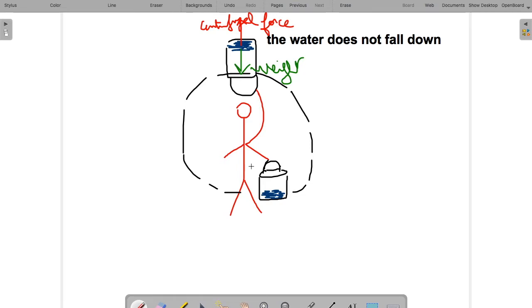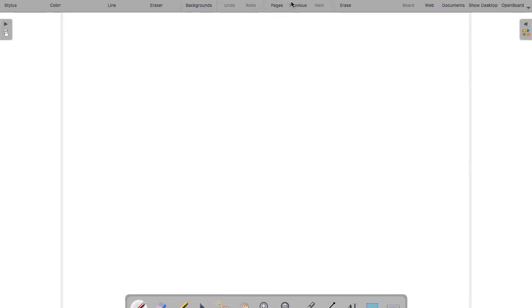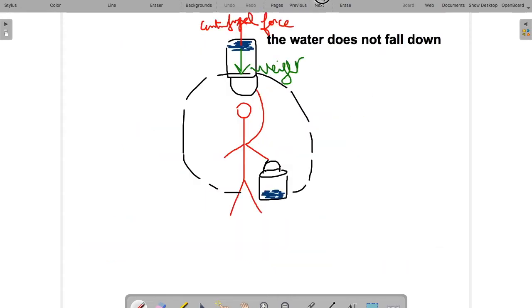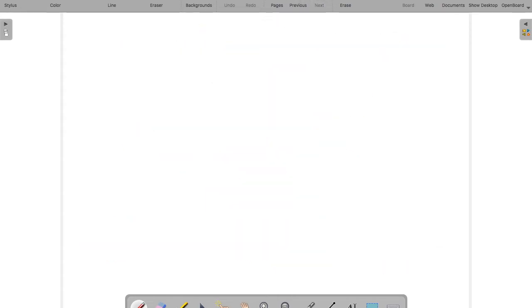Well, we are in a similar situation here. Why? Because basically, let me go back and take this one. Okay. Well, basically, because we have the mass of the first atom, and we have the second atom forming the molecule, right?